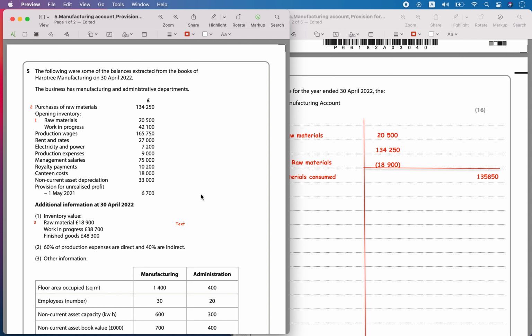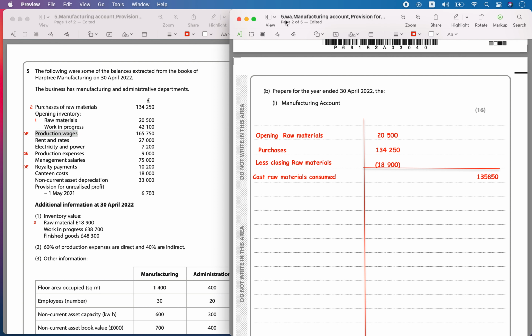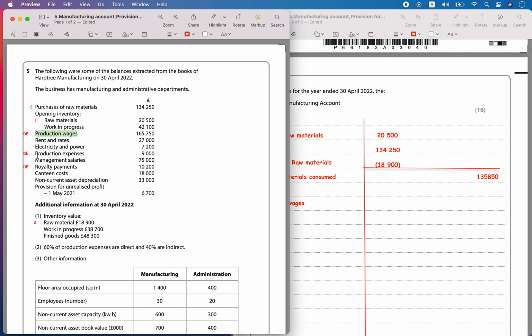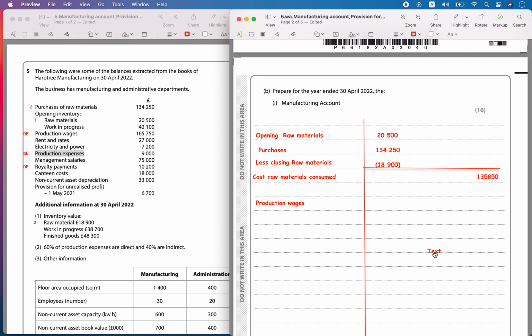Then we have the other direct expenses. Direct expenses will be production wages, production expenses, and the royalty payments. Production wages are completely associated with that cost center.